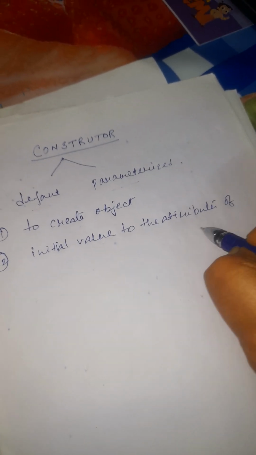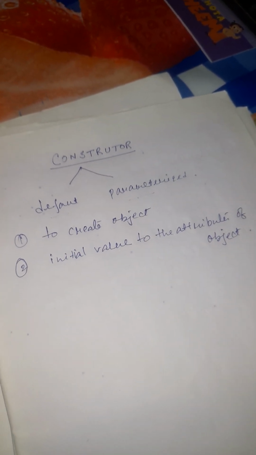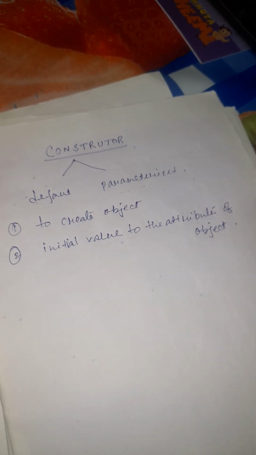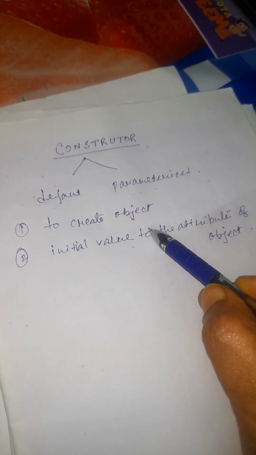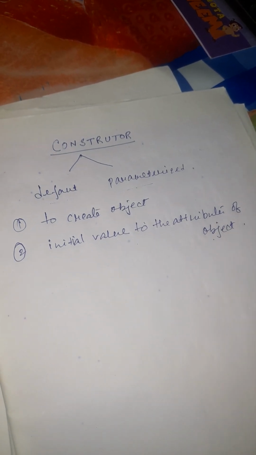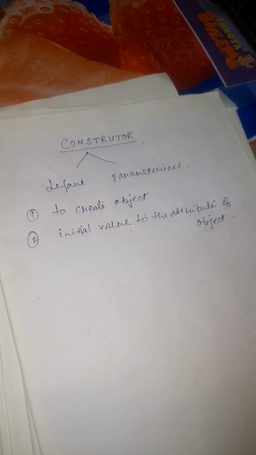Clear? What is the attributes of the object? This one already we discussed in the previous session in the class and object. Attributes means that one is a member variable of the object. Clear? So to create the object or initialize value to the attribute of the object, that one is a member of the class. If you want to initialize the value in the member of the class.